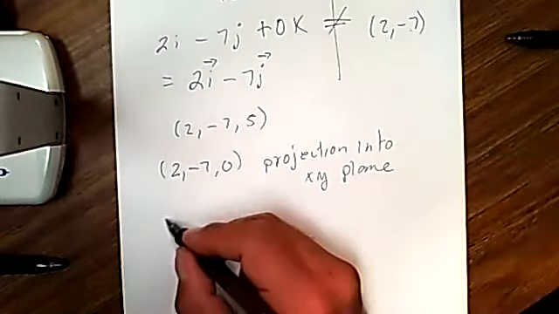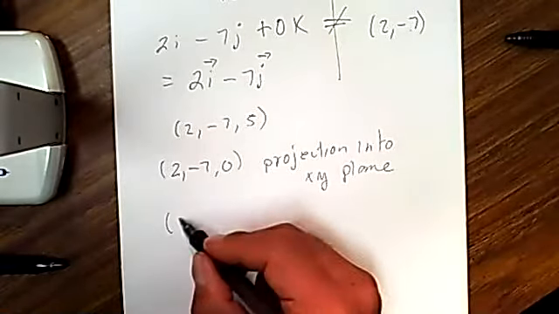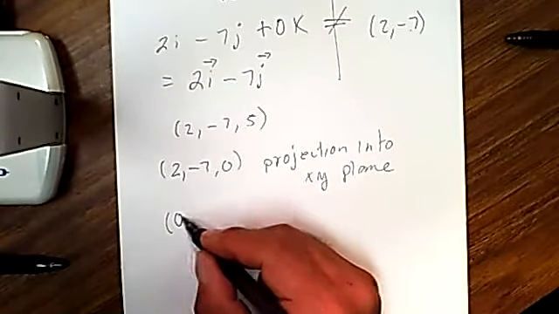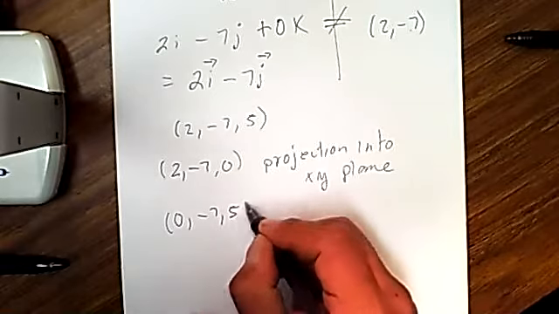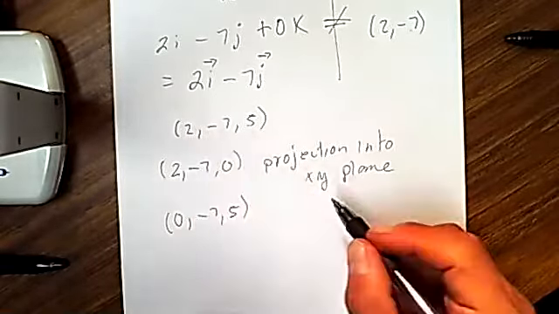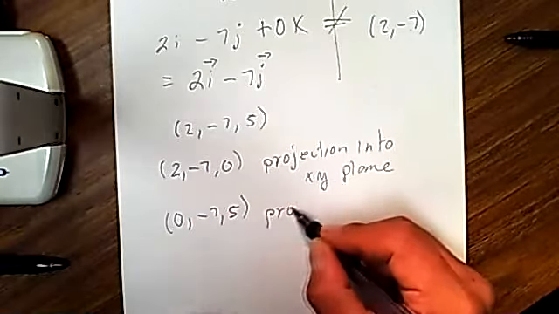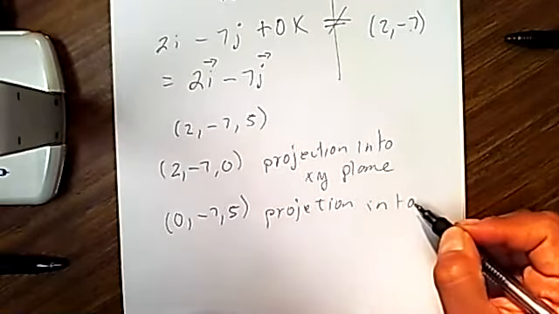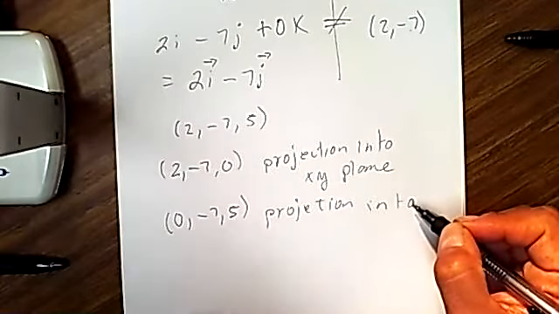If we set the first coordinate instead to be 0, 0, negative 7, 5, that is a projection of the original vector into the yz plane, since the x is 0.